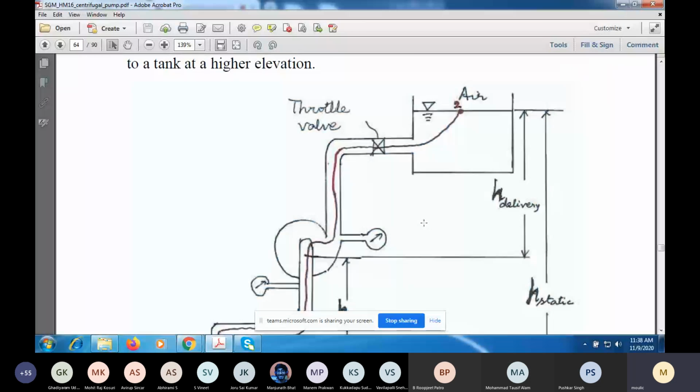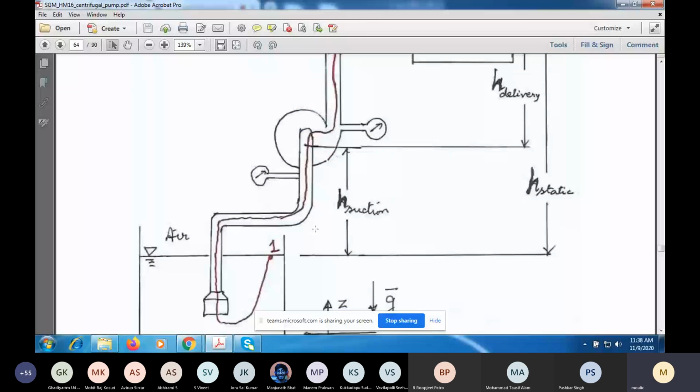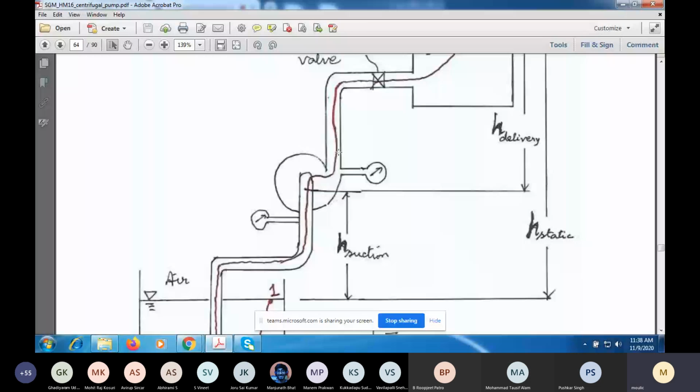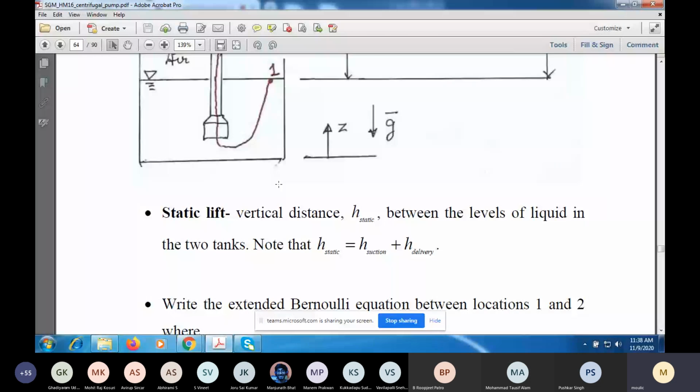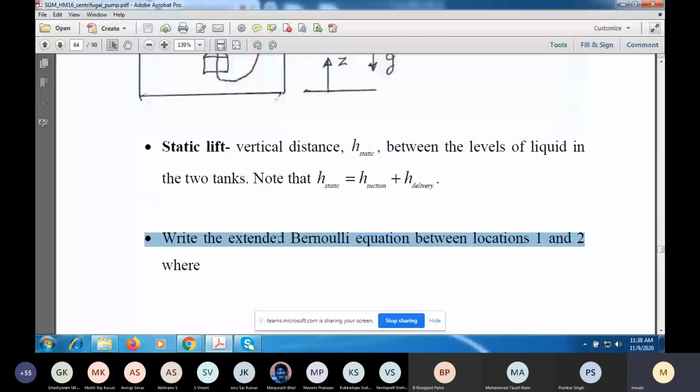So you want to raise the water from the lower tank to the higher tank, so you have to increase the potential energy. So when the pump is running, you are going to do some work and increase the head. So we can use the extended Bernoulli equation, which is a steady flow energy equation in disguise, where there is no heat transfer term, but there will be a head loss term.